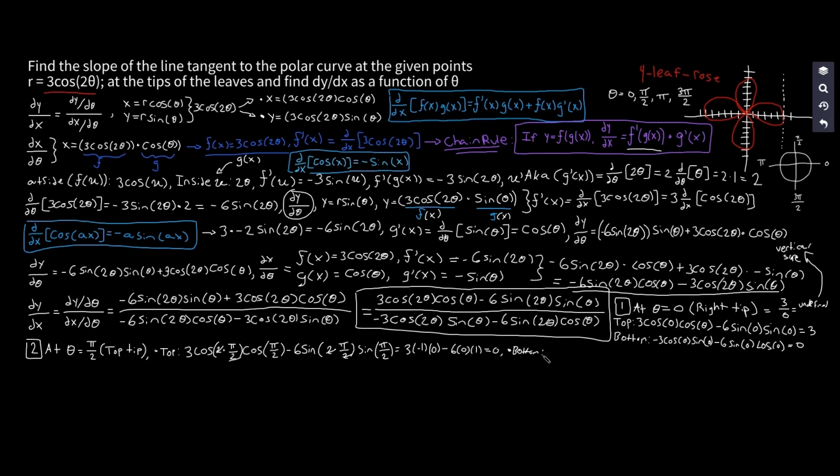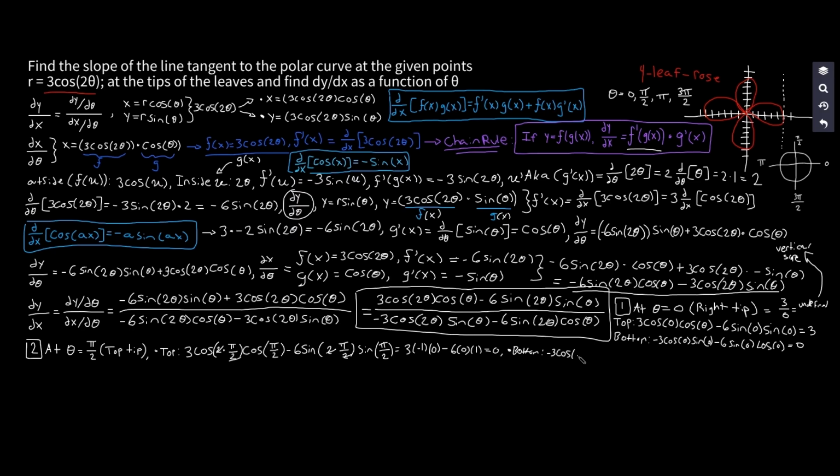Well, we're plugging in pi over 2, so -3 cosine of 2 times pi over 2, same thing as before.